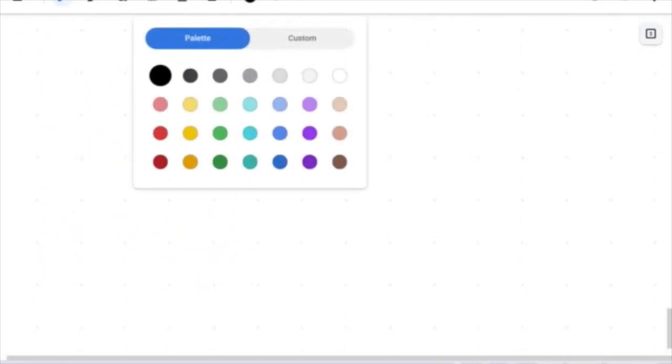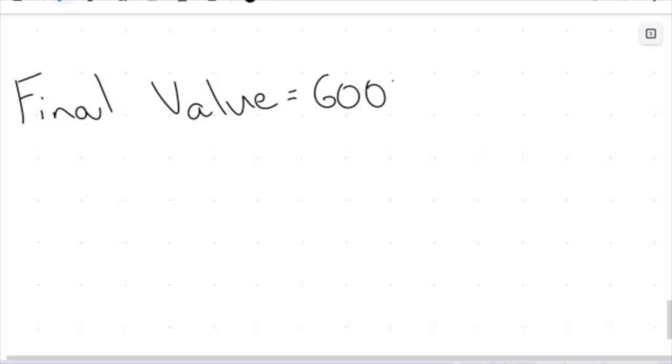So in order to find the final value of my investment, that's going to be, let's do an equal sign, my principal, so my 6,000 times 1 plus 0.007, because remember that's my new rate, that's my monthly rate, to the power of 48, the amount of times this thing is compounding.